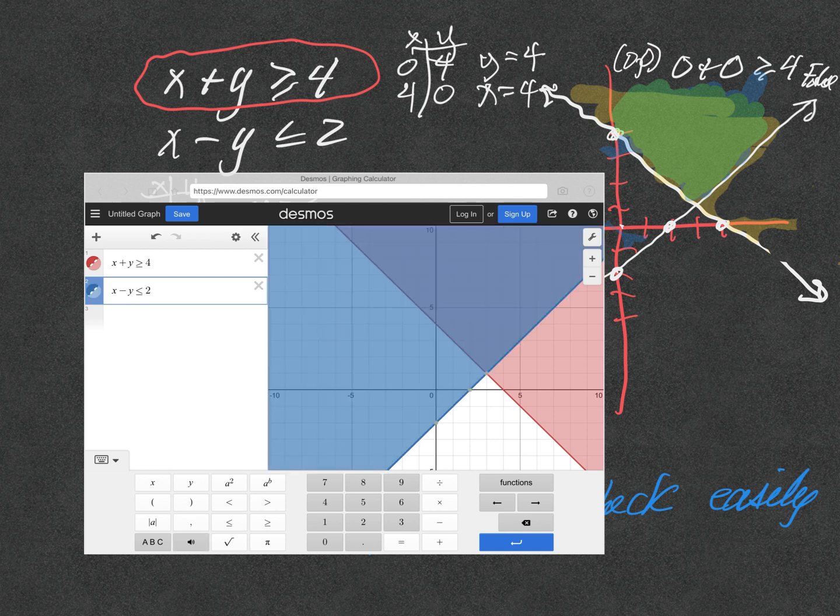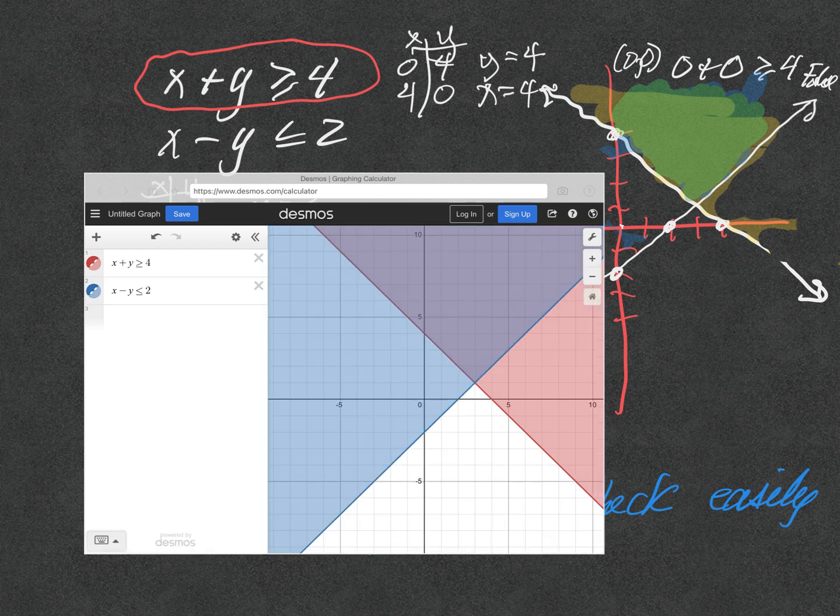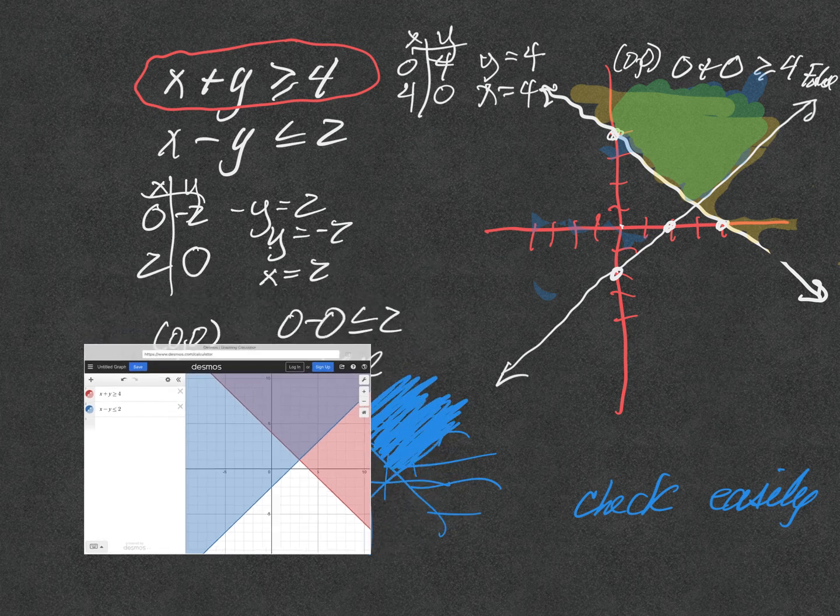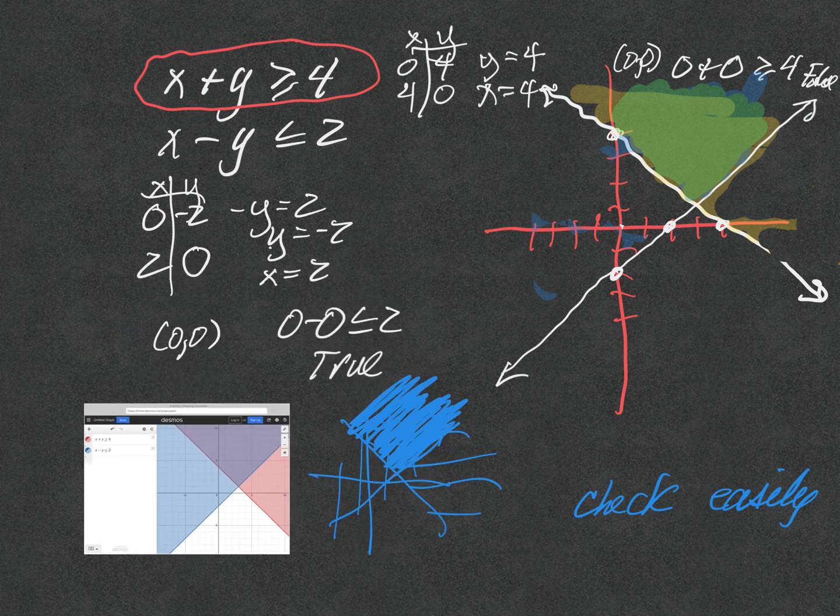You can see that the overlap is this area here, the purple area, and the blue and red are not the solution area. The overlap is the solution. With Desmos, it's really quite easy to check the graph, and you can see it looks exactly like our graph.